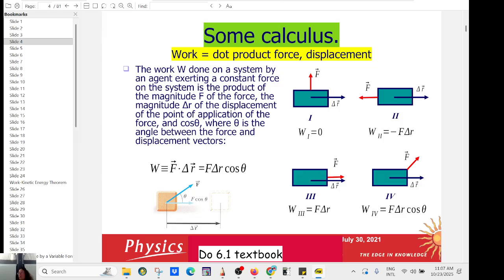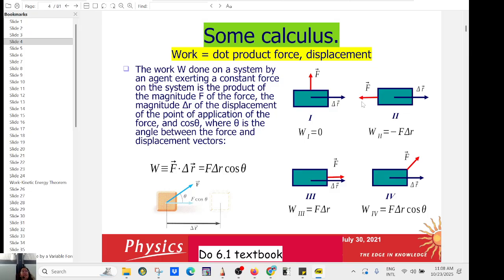There is no work done. Why? Because this force is not helping in making it go faster or slower. It has no influence on the speed. The work done is 0, and we just use a mathematical tool to translate this idea.